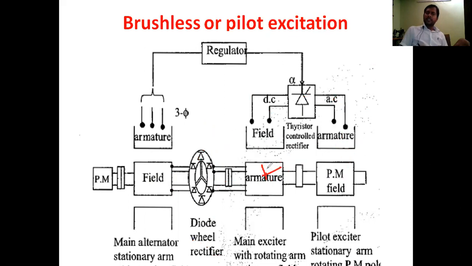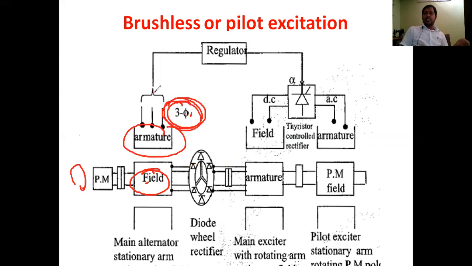Otherwise, if it is generating AC, this diode rectifier will convert it into DC and it is given to the field winding. Here we are not using any brushes. That's why this is called brushless excitation. So field flux will be produced and it will rotate and cut the armature flux. It will produce three-phase alternating current.